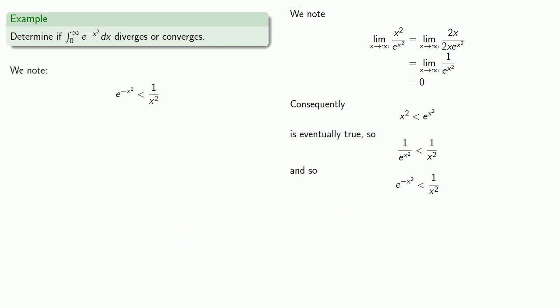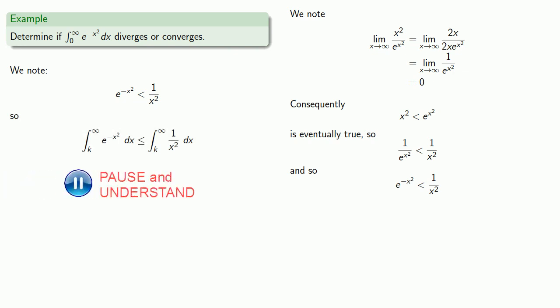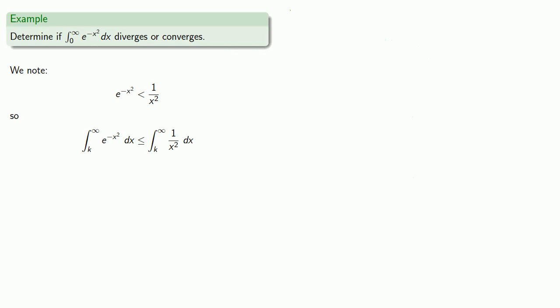So we know that the integral from k to infinity of e to minus x squared dx is less than or equal to the integral from k to infinity of 1 over x squared for some value k. This work is only useful if this larger integral converges, so let's check.